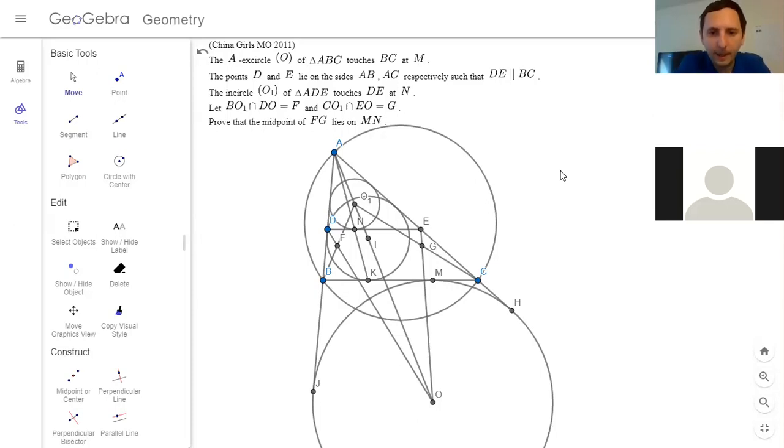Let's see. Maybe it's Desargues' theorem.